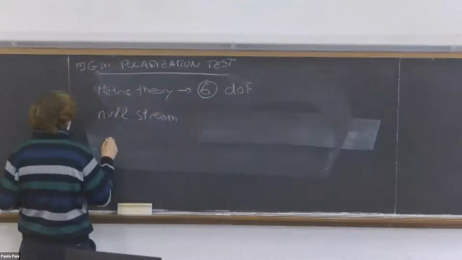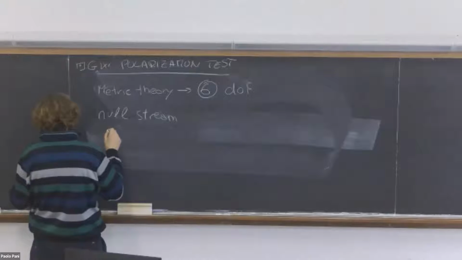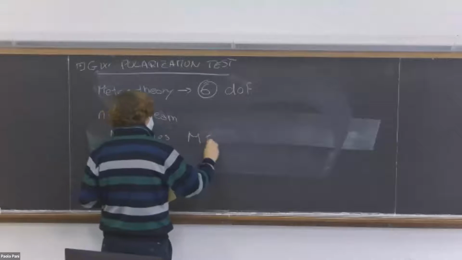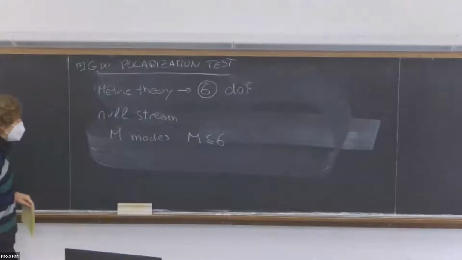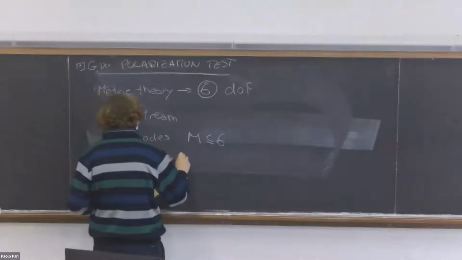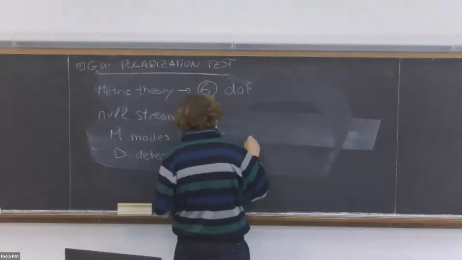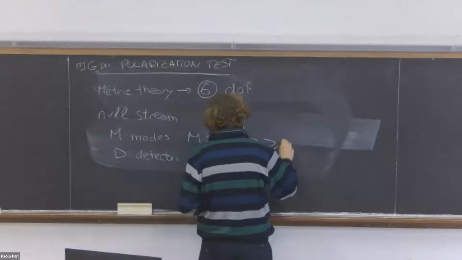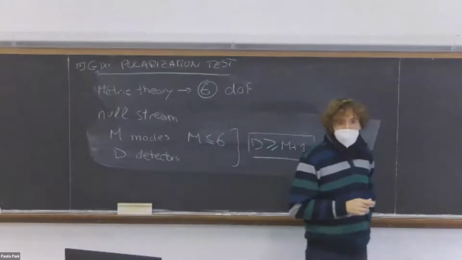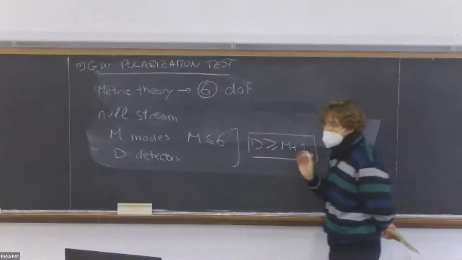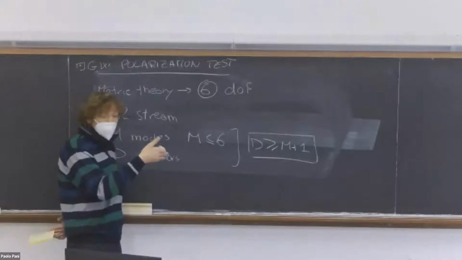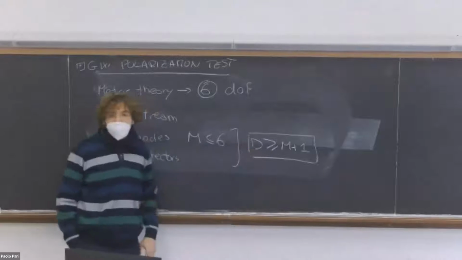It's interesting that if one has n modes in a theory, with n therefore equal to or smaller than 6 in any given theory of gravity, and d detectors, in order to make the most general test, the number of detectors d must be bigger than n plus 1. There are particular situations in which this can actually be smaller, but in order to make sure that one has enough projections to test all modes, at least one needs this inequality to be satisfied.